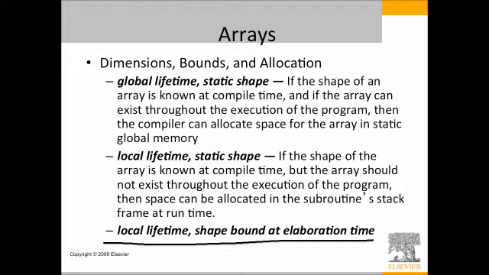And in fact, the C11 standard has introduced such arrays. You can now say something like this in C and C++. You can say int n, and then you could have, for example, int data[n], and that's a dynamic array.